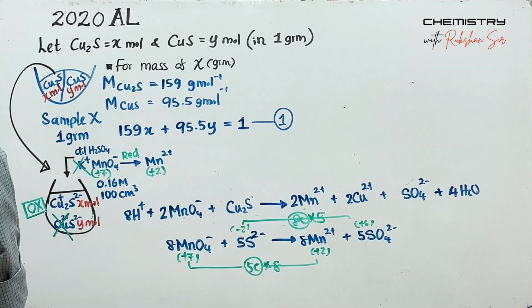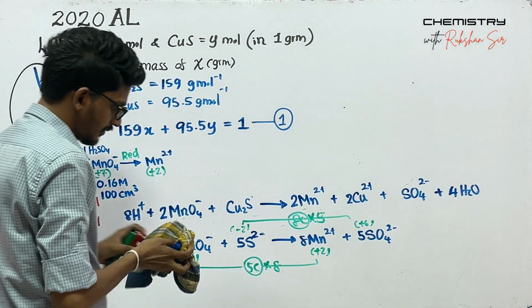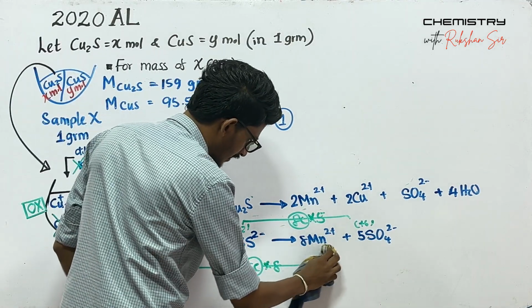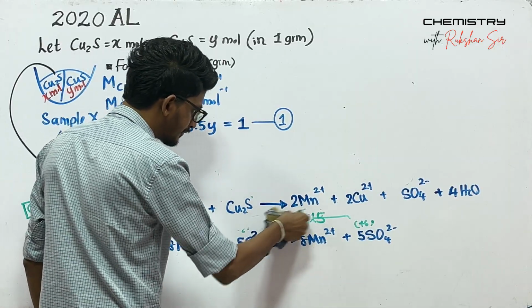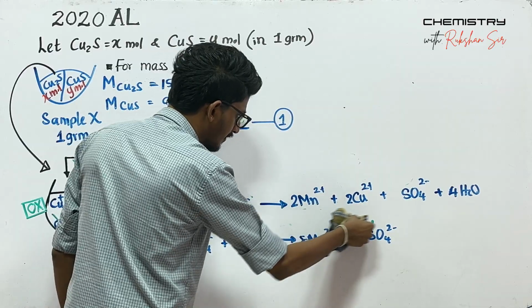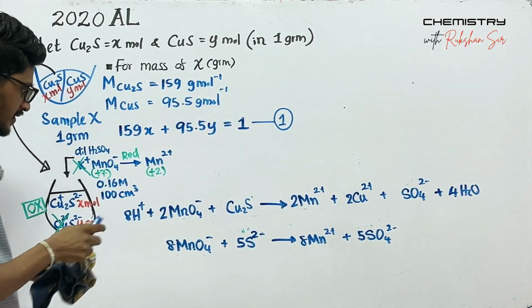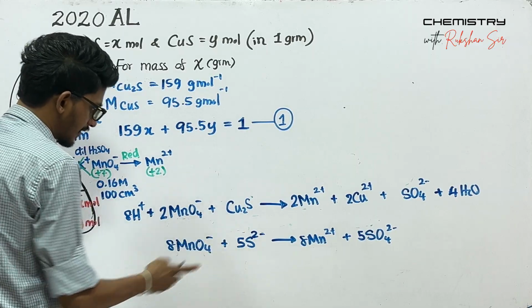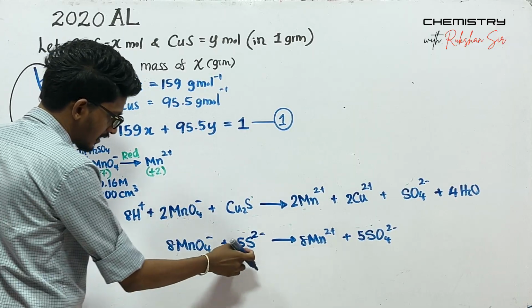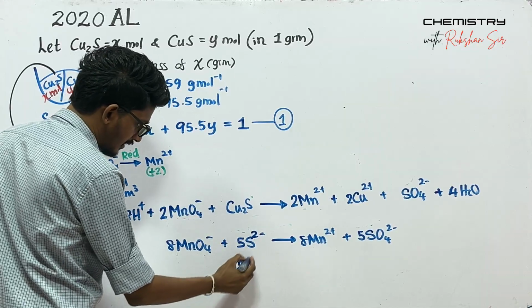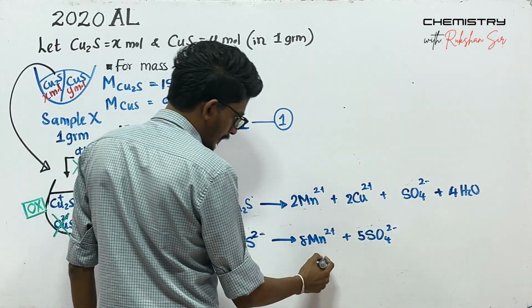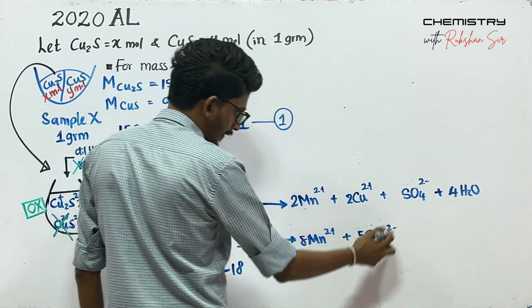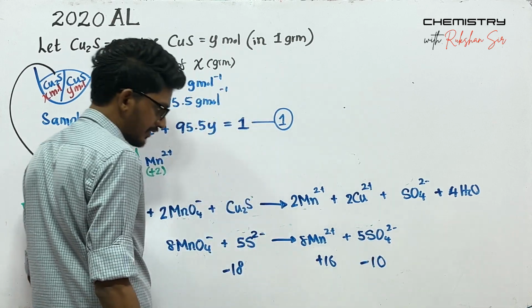Okay, so now we are supposed to balance the charges as well as the hydrogens, right? Let's do this stuff. So net charge here is actually minus 8 and minus 10, minus 18 here, plus 16, plus 16, and minus 10, no?